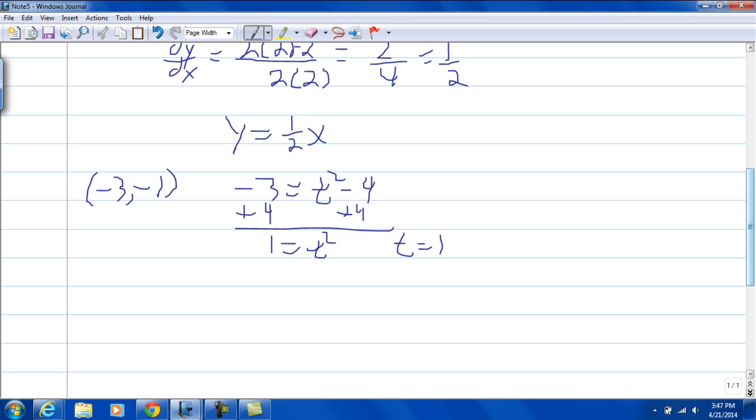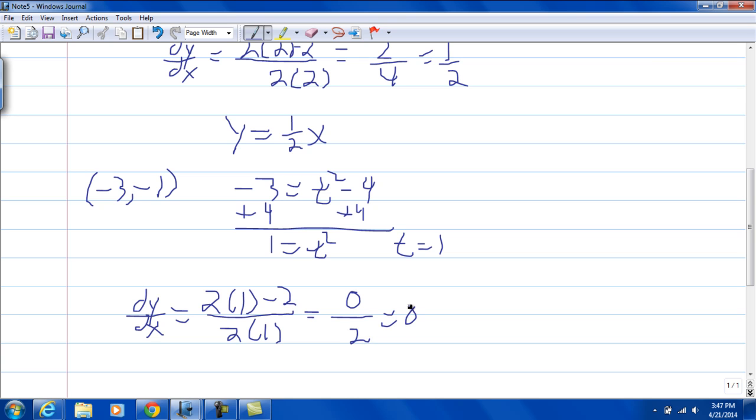So our tangent line, again our dy dx, is going to be 2 times 1 minus 2, over 2 times 1. So that's 2 minus 2 is 0 over 2, which is 0. So the slope there is 0.